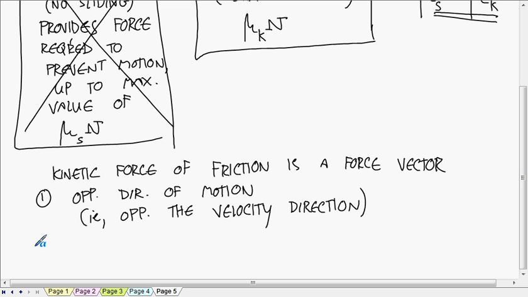And the magnitude is the coefficient of kinetic friction times the normal force.